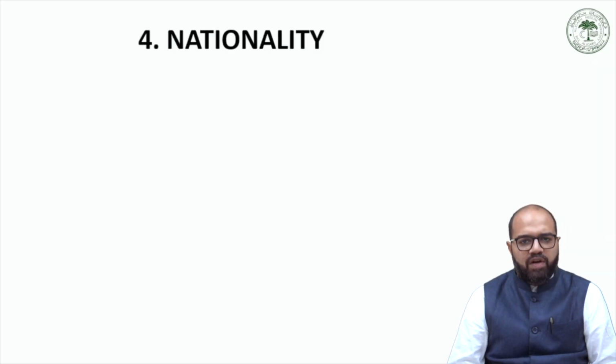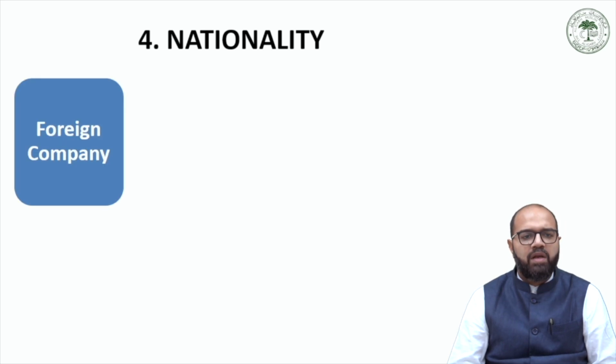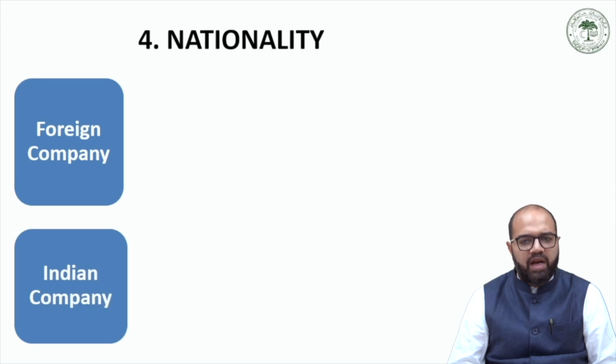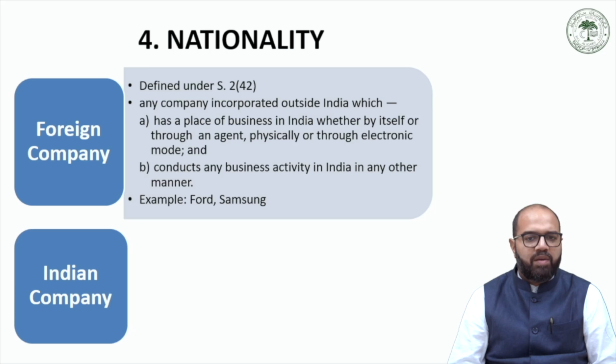Then the next kind of a classification that we have, fourth classification, is on the basis of nationality. Under this classification head, we have two kinds of companies, namely a foreign company and an Indian company. Now, a foreign company is a company that is defined under Section 2, Subclause 42 of the Companies Act 2013.